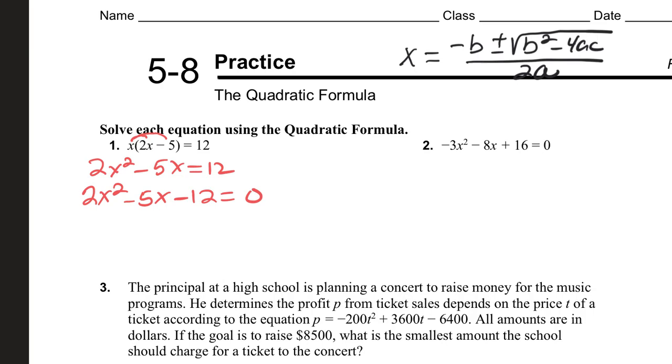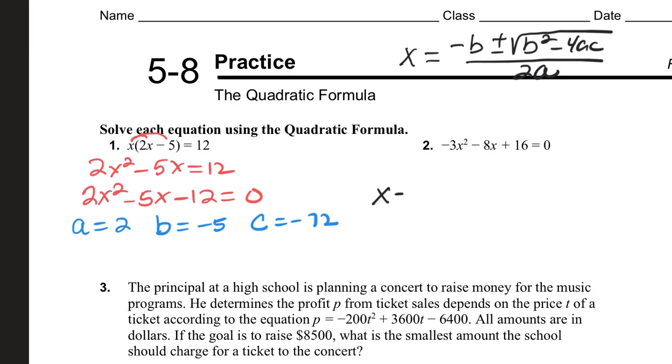And what we're going to do is identify the a coefficient, which is 2, the b coefficient, which is -5, and the c coefficient, which is -12. Now, to use the quadratic formula, all you have to do is substitute into the formula, which is up here.